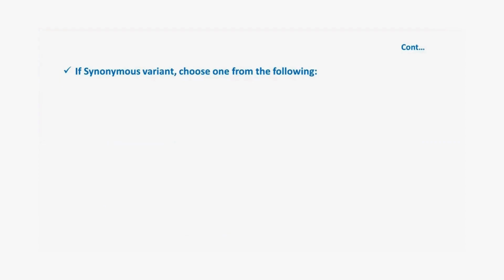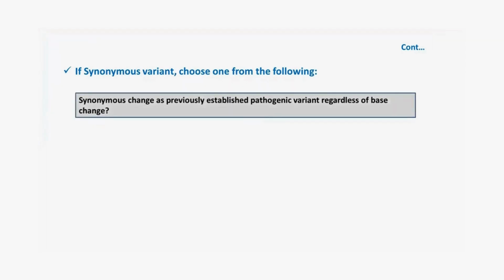Now, the first question comes, if we found a synonymous variant, then various possibilities can occur. First, if that synonymous variant is the same as a previously established pathogenic variant, regardless of the base change, meaning it doesn't matter if the nucleotide changes or not, that particular synonymous variant will be considered pathogenic and put in the PS1 category.